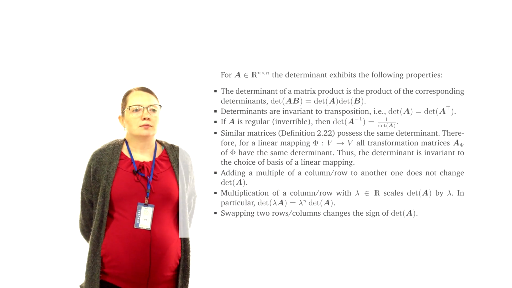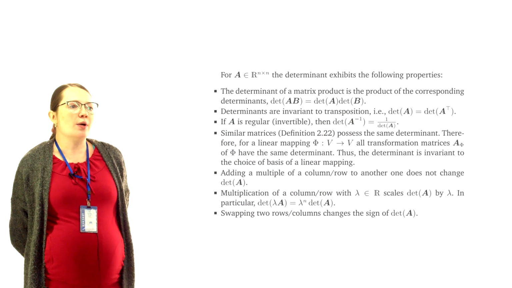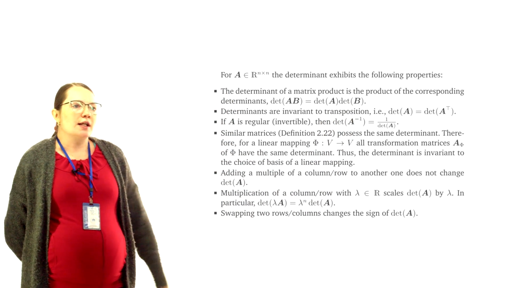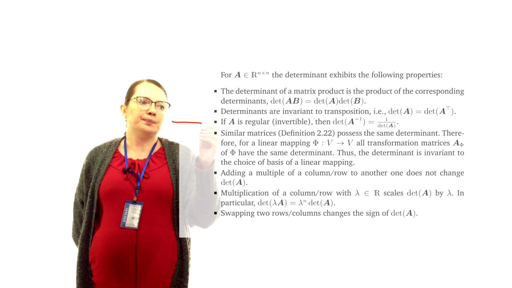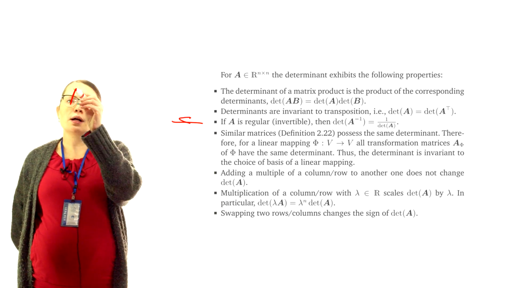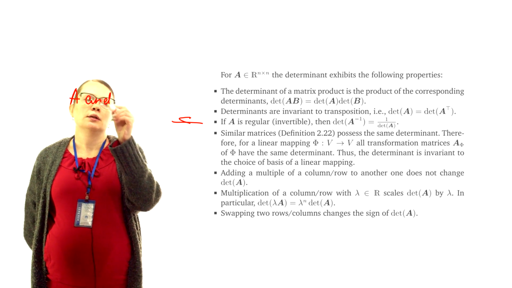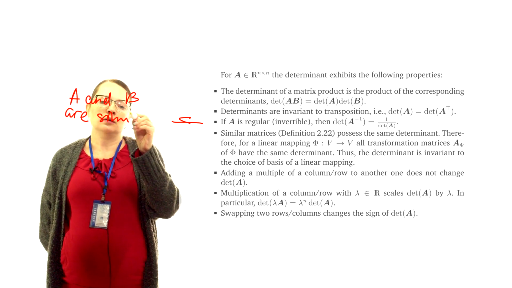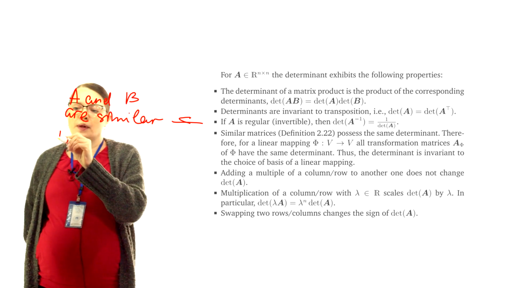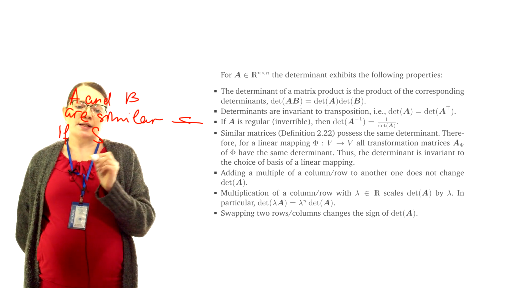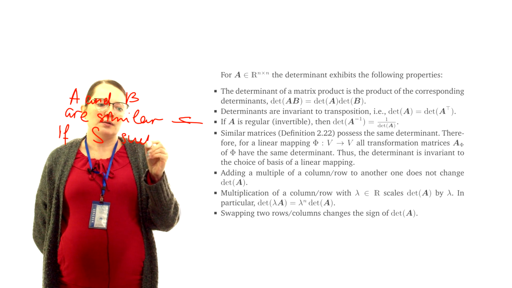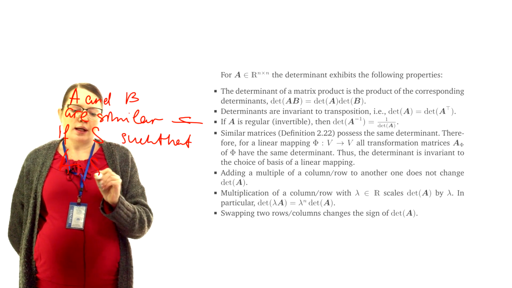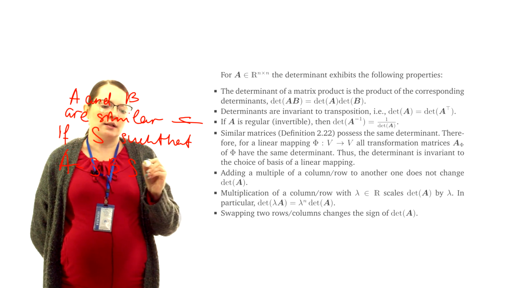And the next property is about similar matrices. Let me remind you what they are. A and B are similar if there is some invertible matrix S such that A is equal to S B S inverse.